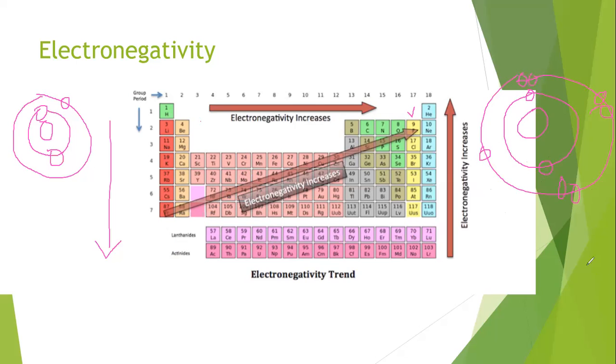So you can see here the number of electrons is increasing. Due to that, the atomic size decreases because the nucleus attraction for the electrons increases. Due to that attraction towards the nucleus, the atomic size decreases.